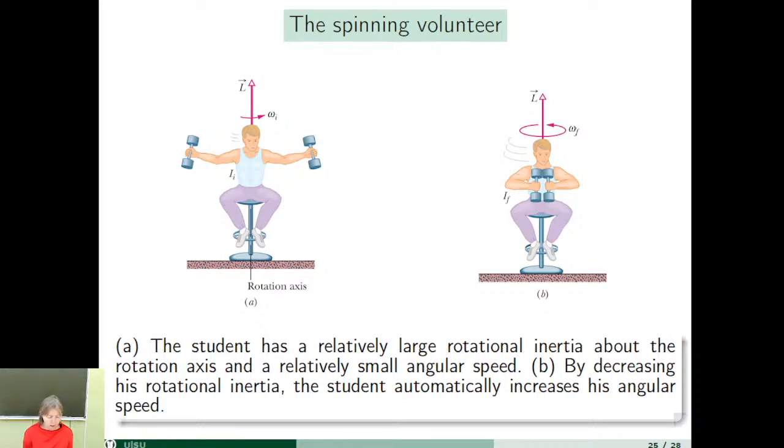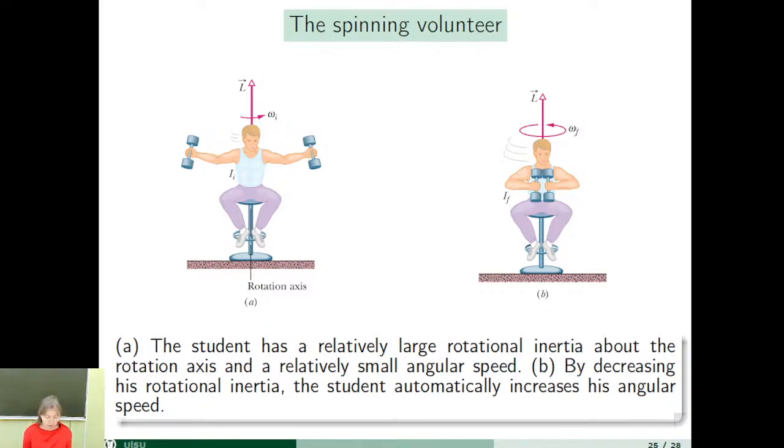The instructor asks the student to pull in his arms. This action reduces his rotational inertia from its initial value to a smaller value I_f, because it moves mass closer to the rotation axis. His rate of rotation increases markedly from omega_i to omega_f.